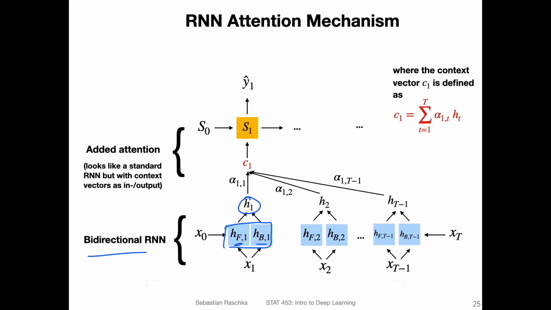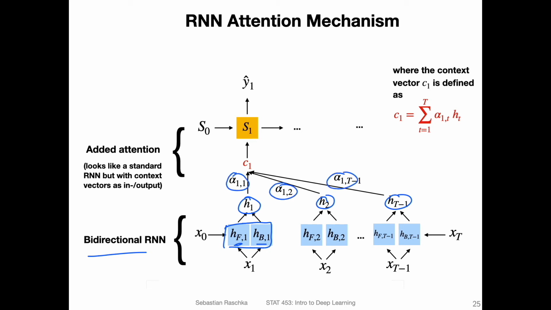And here I'm trying to illustrate how the attention mechanism works. It combines multiple things. It combines these hidden states from the bidirectional RNN and the attention weights.